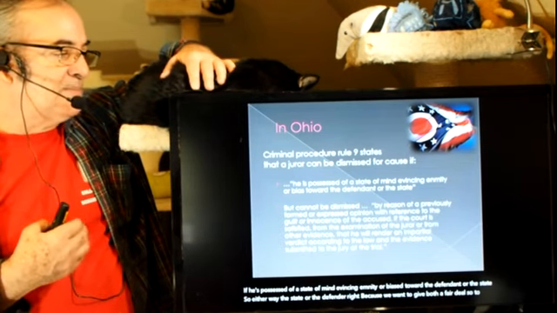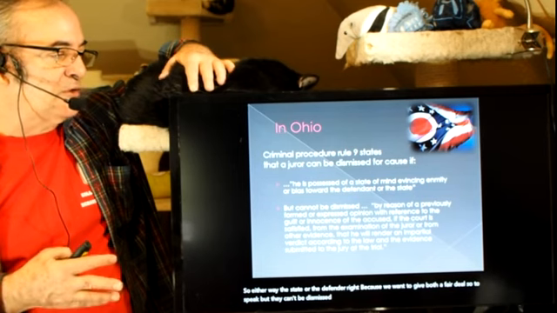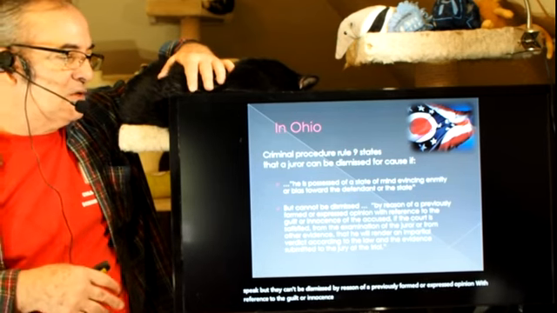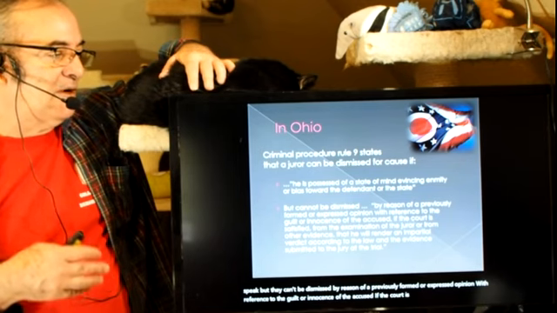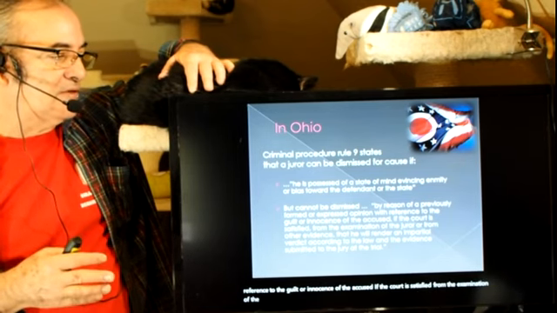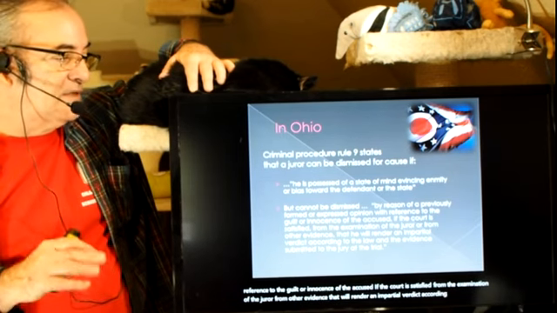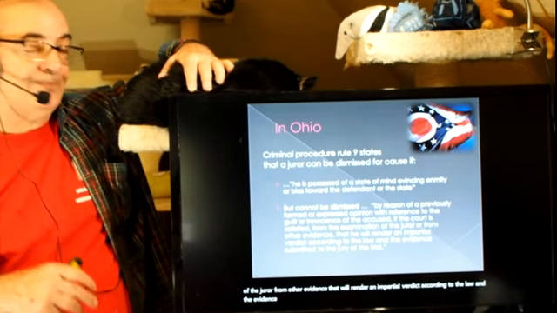But they can't be dismissed by reason of a previously formed or expressed opinion with reference to the guilt or innocence of the accused, if the court is satisfied from the examination of the juror or from other evidence that he will render an impartial verdict according to the law and the evidence submitted to the jury trial.